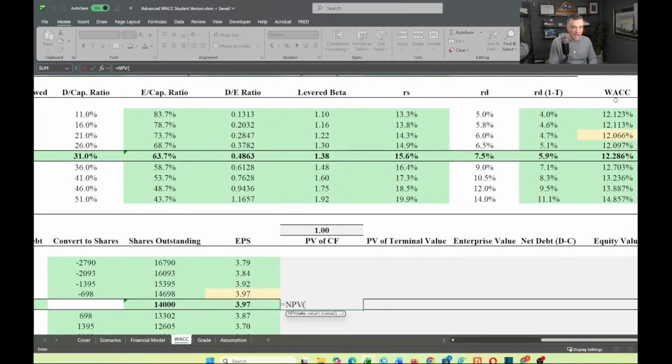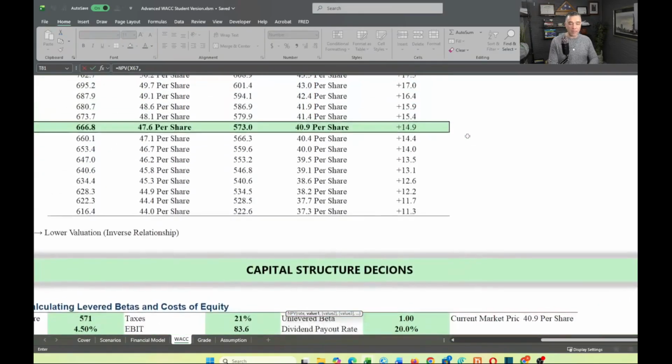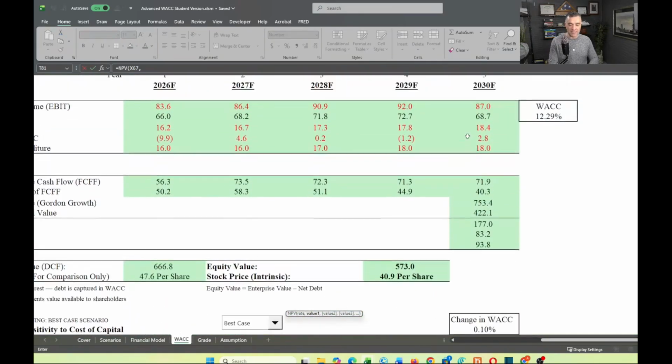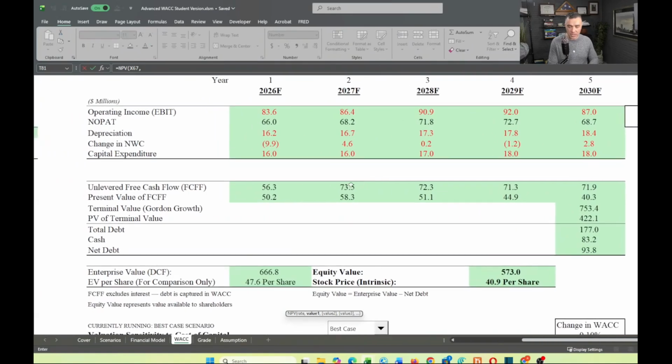So this WACC here, I want to find the WACC that corresponds to the different levels of the debt to capital ratio because it changes. So I know that I'm going to discount them all at a different WACC, and I'm going to hit comma, and then I'm going to go all the way up here. And remember, we did this in the first video to find the valuation.